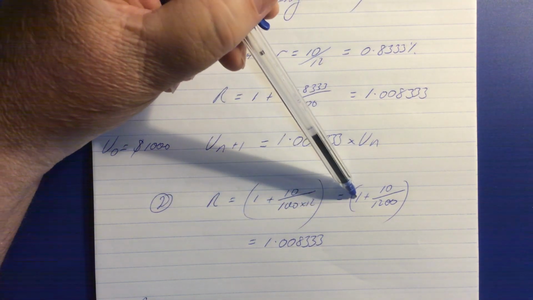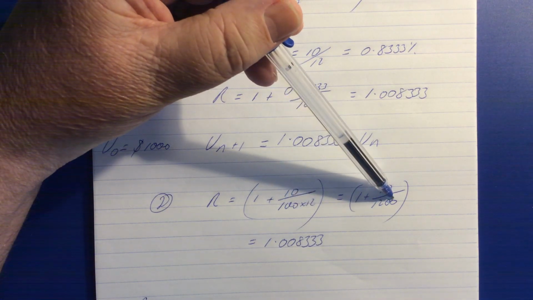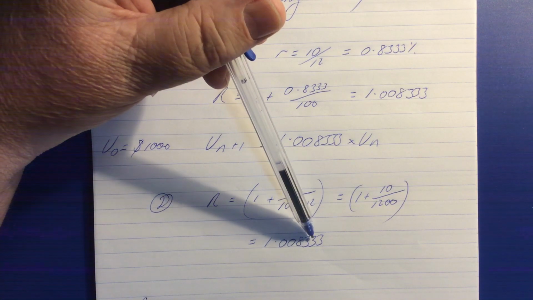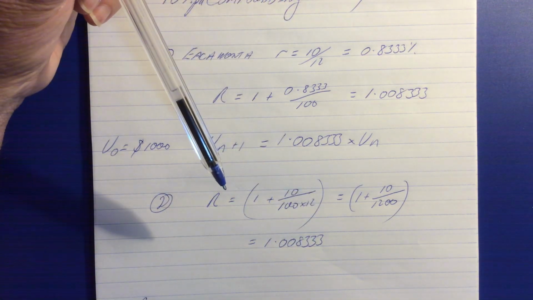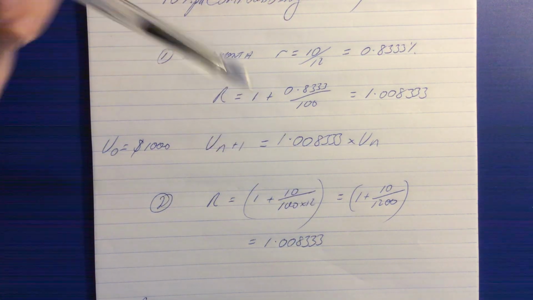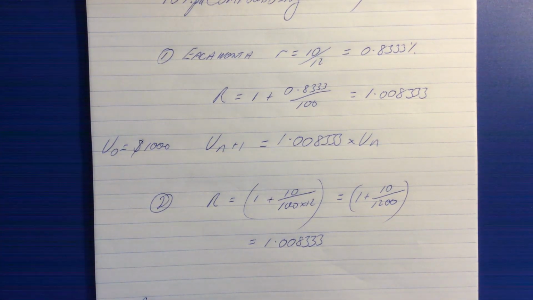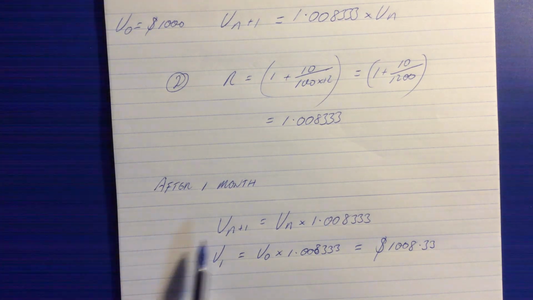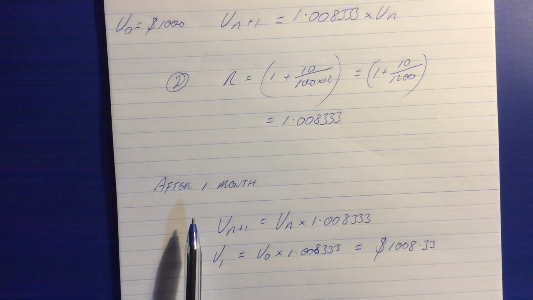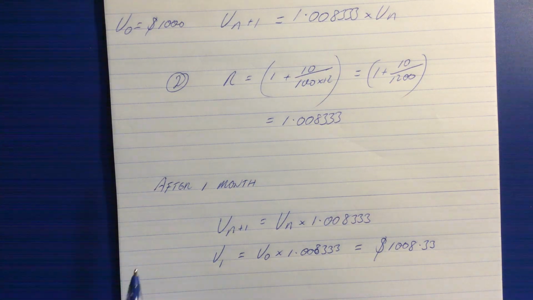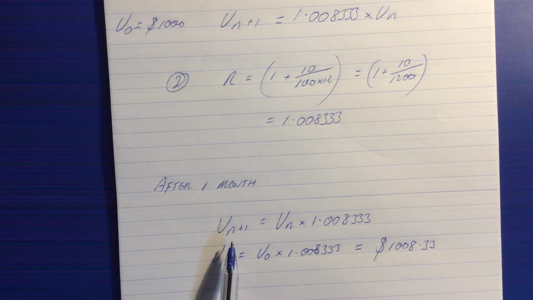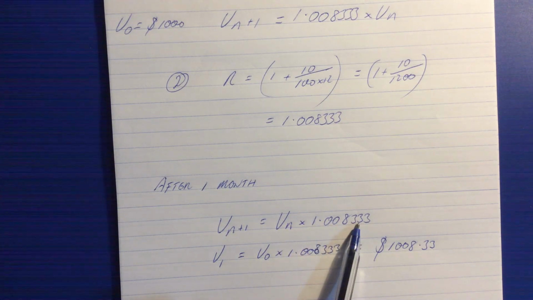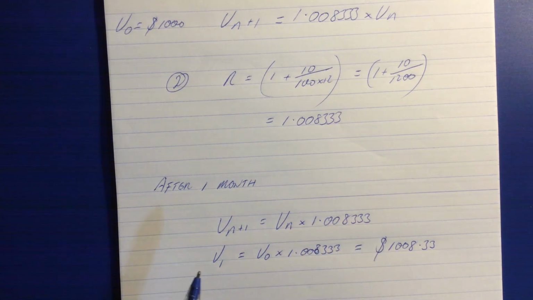Anyway, this boils down to 1 plus 10 over 1200, which gives you 1.008333 as your R value. Now, when we apply that, we can work out after 1 month what the value of the $1,000 will become. So Vn plus 1 equals Vn times 1.00833. You will be sick of hearing that number.